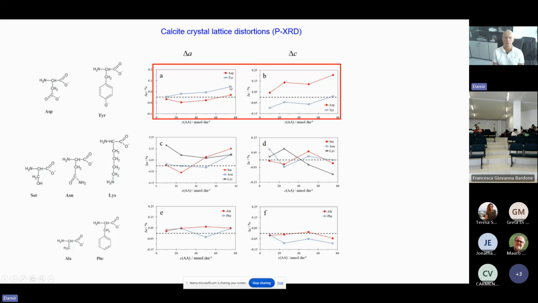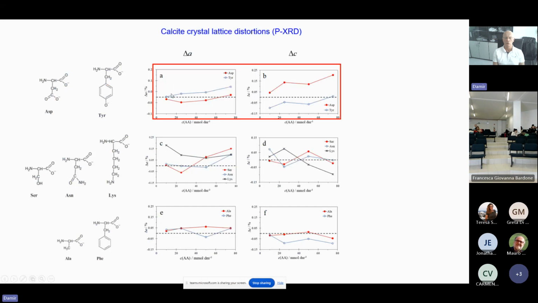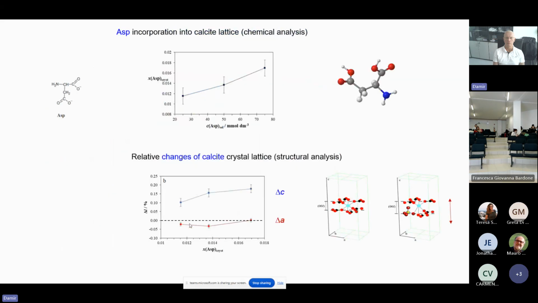A similar trend was observed for tyrosine, which also increased the dimensions in the C direction. The effect was not so pronounced in polar and non-polar amino acids, let's say more pronounced in the case of polar amino acids, but there are no significant changes in the case of non-polar amino acids.